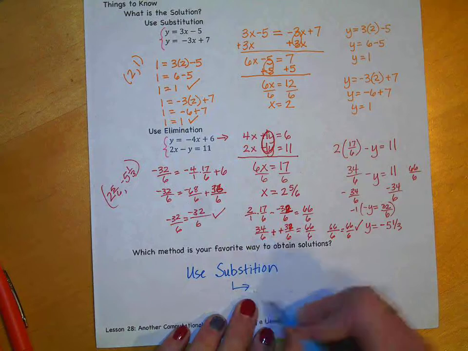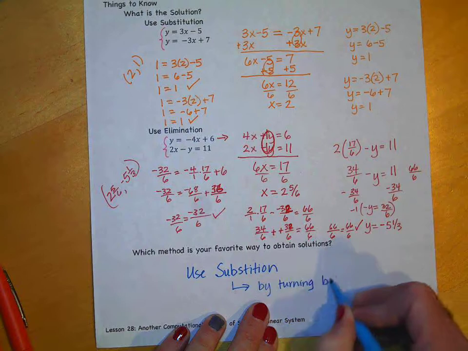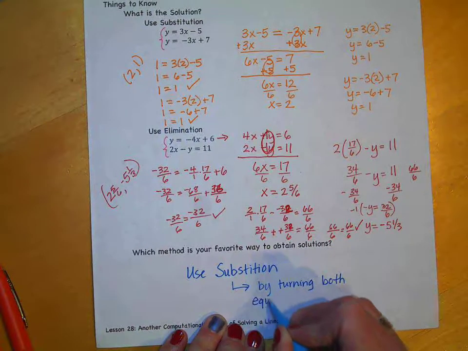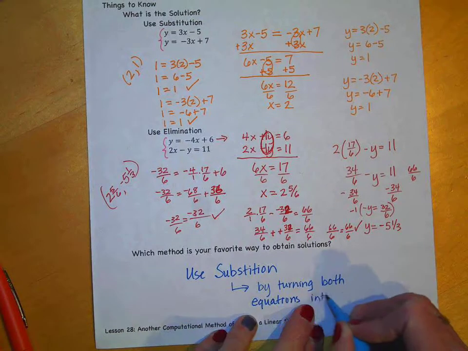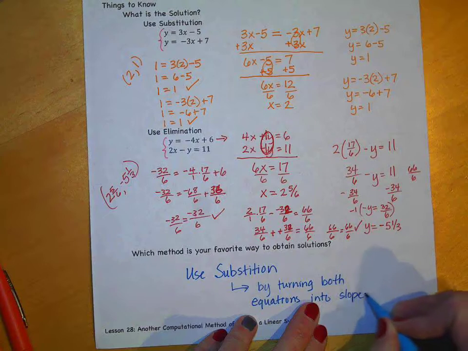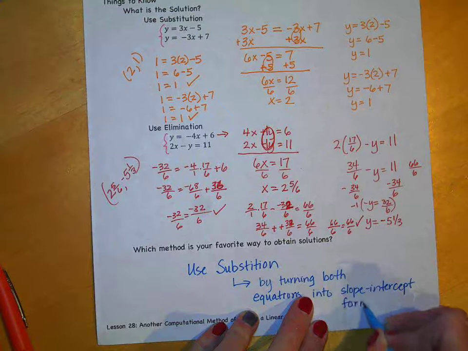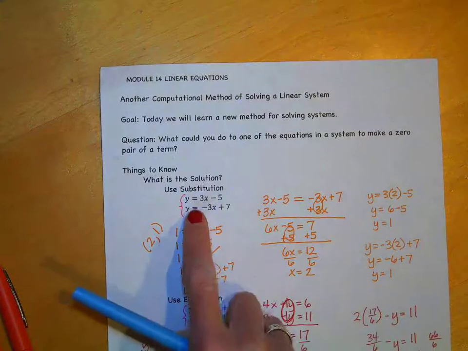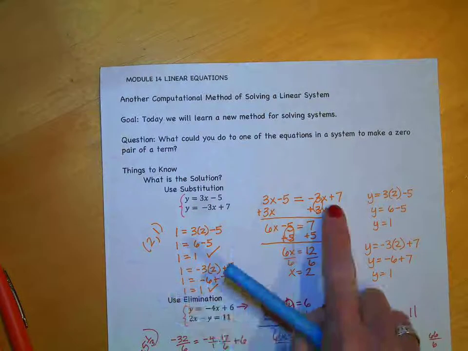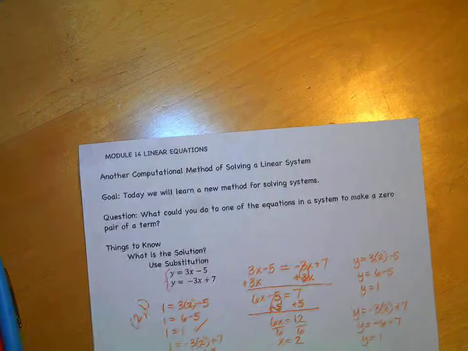So when you use substitution, just a little hint, it's easiest to use substitution by turning both equations into slope-intercept form. And then once you've turned both equations into slope-intercept form, then you know what the y equals. Then you just set this one equal to this one because they both equal y, and then you solve to find the value of the variable.